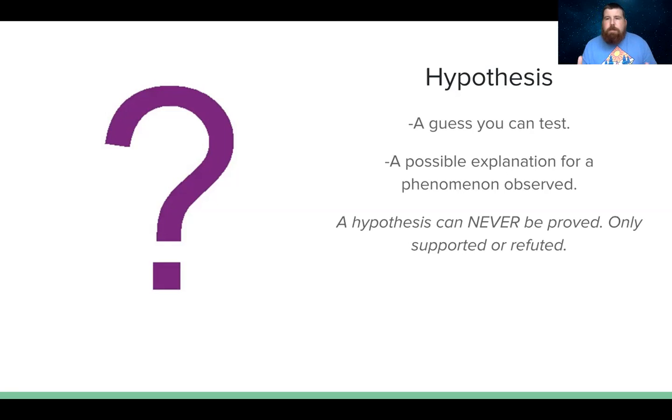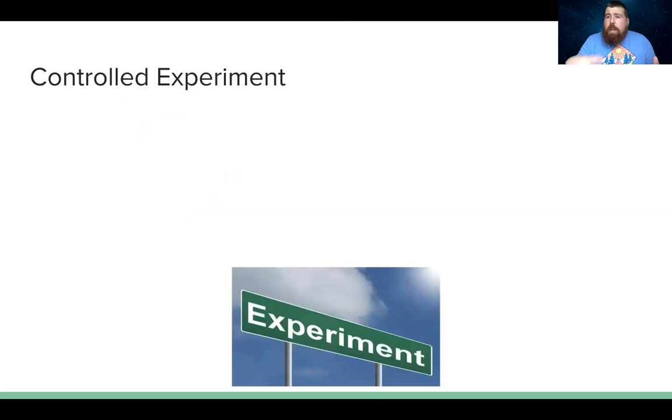You want to be a skeptical scientist. We can assume something to be true, but we always leave a margin of error, like a very small 1 or 0.5%. And that is good skeptical science practice. So moving on, after you create that hypothesis, you want to test that hypothesis.